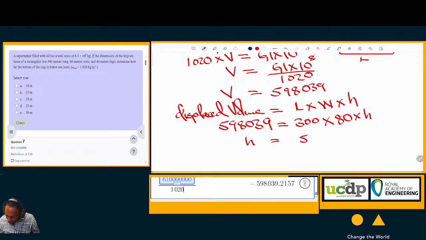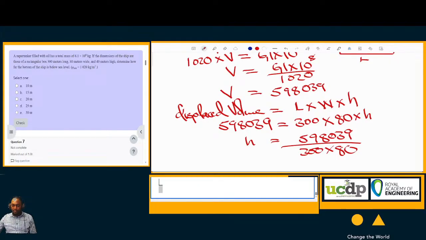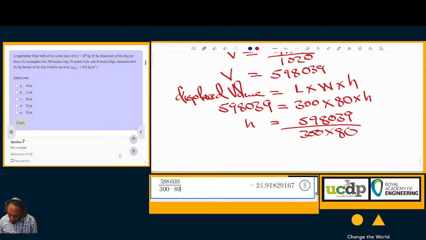So H will be 598,039 over the product of 300 times 18.9, so we can approximately say that's 25 meters, all right?